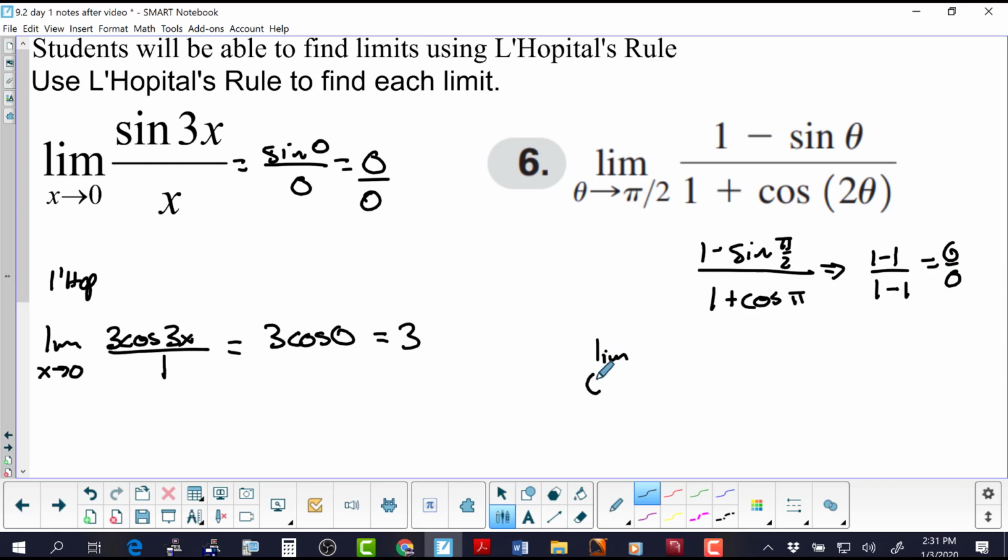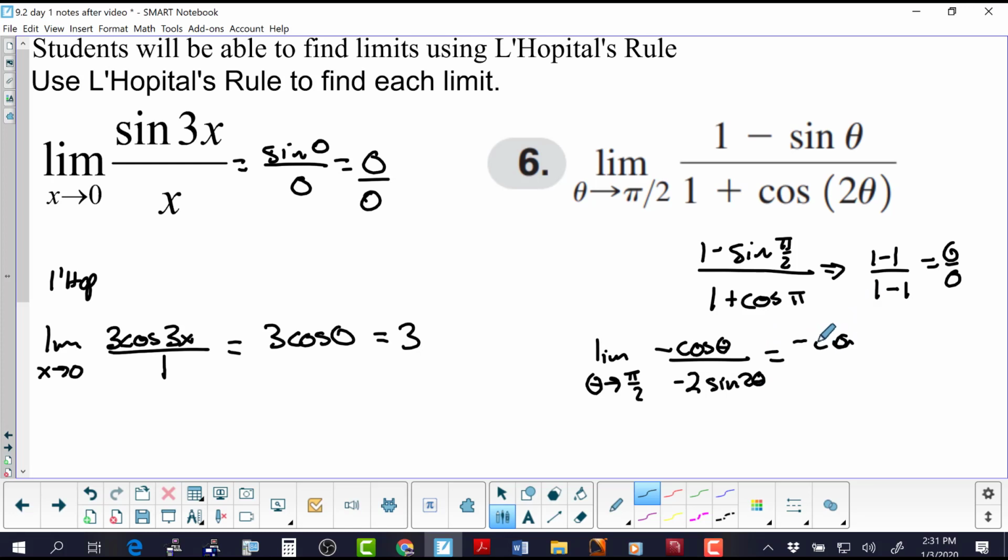We have the limit as theta approaches pi over 2 of negative cosine of theta over negative 2 sine of 2 theta. And we're going to plug pi over 2 in.